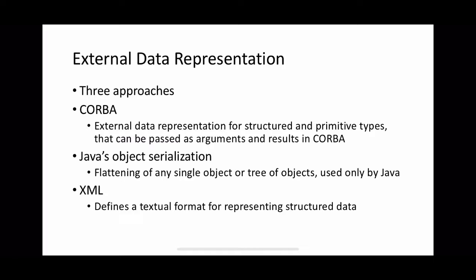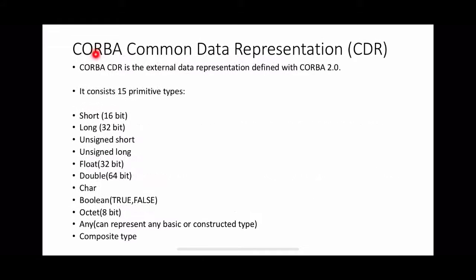The third one is XML, or Extensible Markup Language. Earlier it was used only for textual data like web documents, and later it was used for any type of data format, like in web services, to make a common format for representing data.